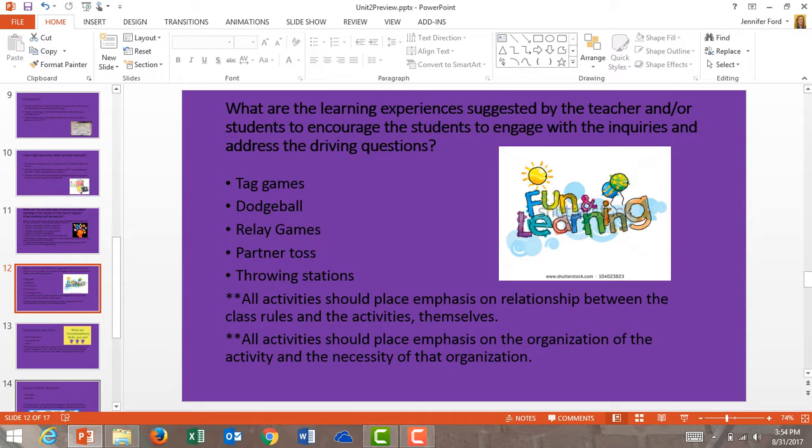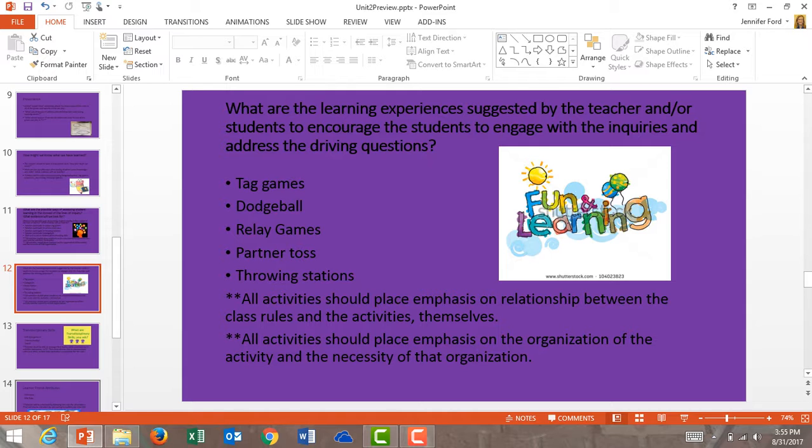What are the learning experiences suggested by the teacher and or students to encourage the students to engage with the inquiries and address the driving questions? Okay, again, I know, huge, lots of words. Basically, these are just, what are we doing? What are the activities we've got in the plans? For me, tag games, a version of dodgeball, relay games, partner toss, throwing stations.